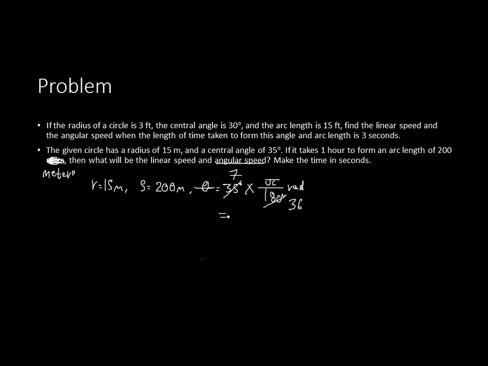Am I right? Yeah. Wait, let me just fix my solution here. With that, we will have 7 times pi over 36 radians. So as a result, you have exactly 7 pi over 36 radians.